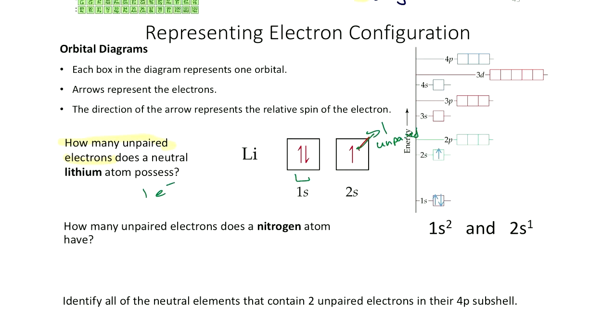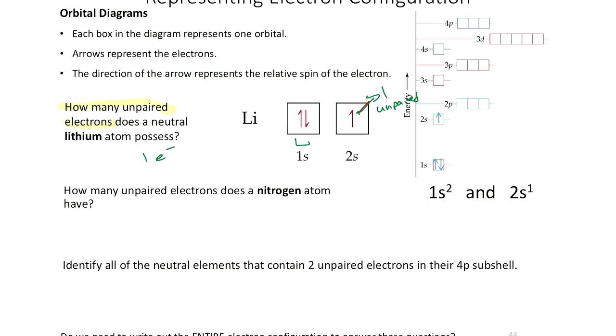Okay, so let's do the same thing. How many unpaired electrons does a nitrogen atom have? All right, so we look at the periodic table. What might be helpful is if we write the electron configuration for nitrogen. So nitrogen is 1s2, 2s2, 2p, how many? 3, yes, 2p3.